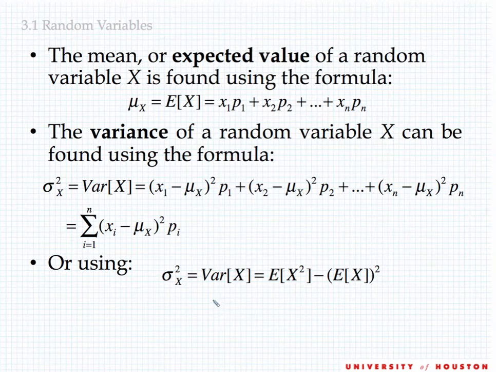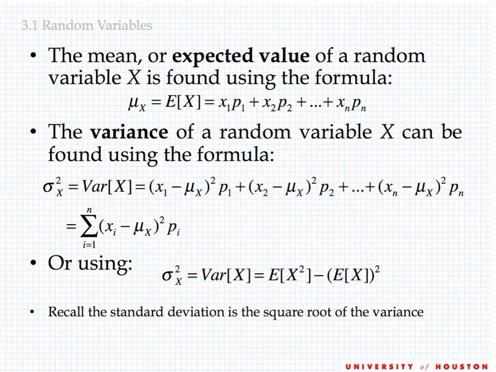The variance of our random variable is the expected value or mean of the x squared values minus the square of the expected value, the square of our mean. We're going to use the second formula on our next example. Recall that if you're asked for the standard deviation, it is the square root of the variance.